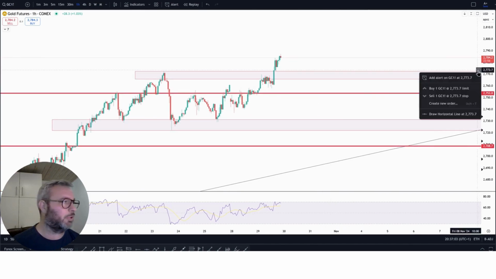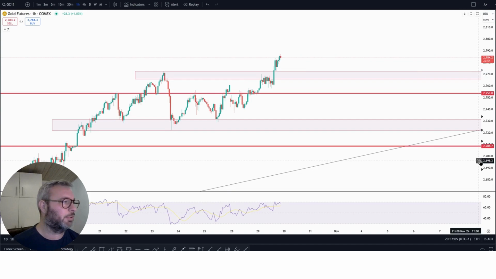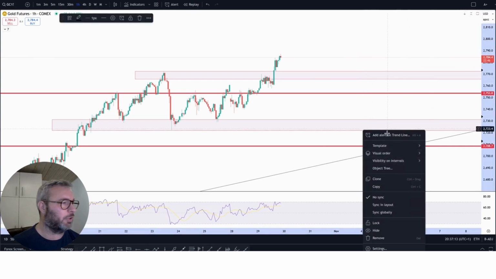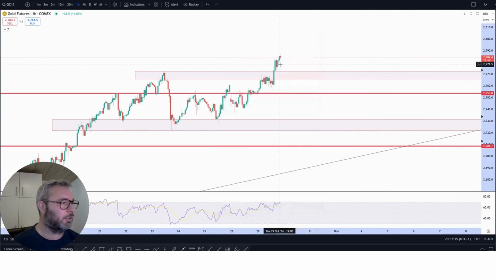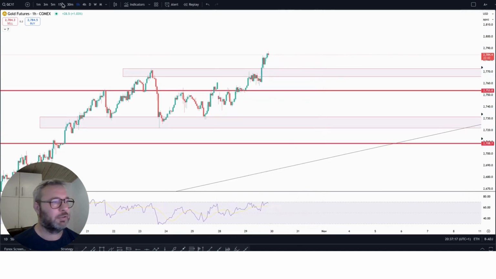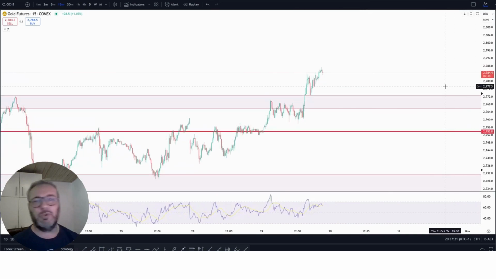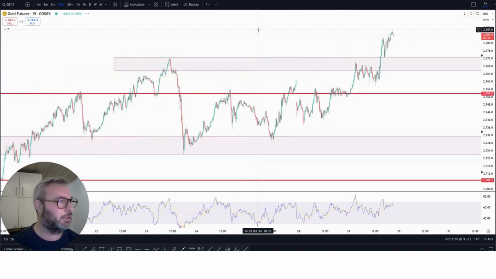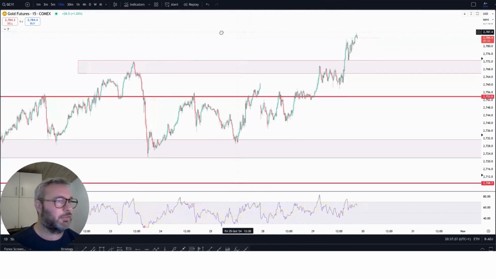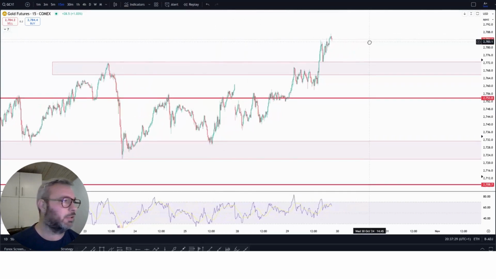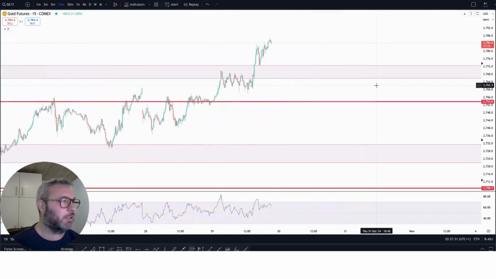So I'll place an alert here. Remove those down here. Place an alert on the trend line. So let's go to the 15 minutes. I normally use 5 minutes or 15 minutes to enter the trades. Let's see, something needs to be changed a bit.